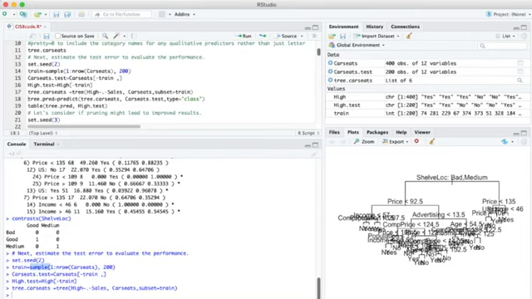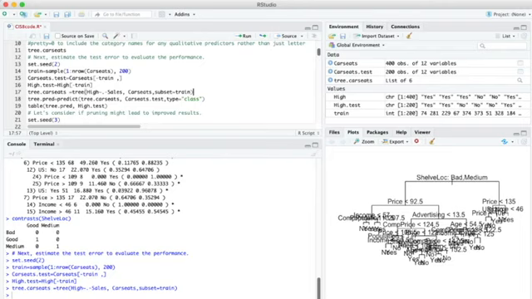Sometimes I use different methods. This is just to show you that there are many ways of doing the sampling, or the division between the training and the testing data sets. This is one of the ways.